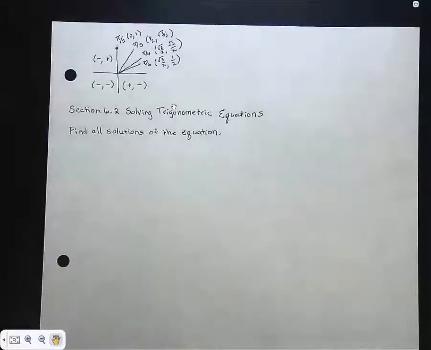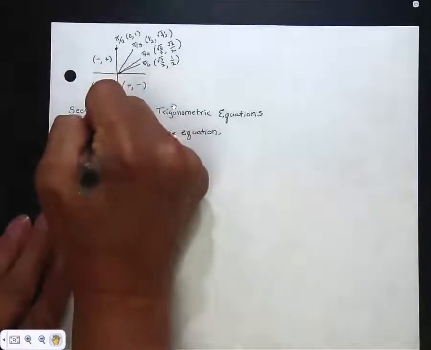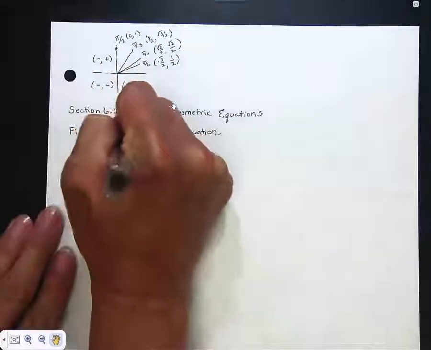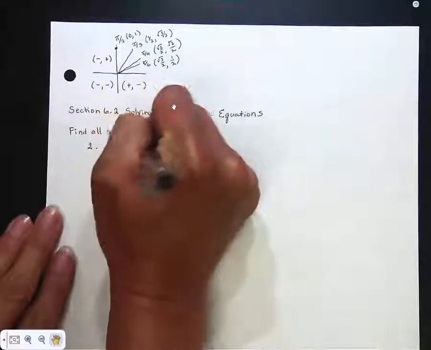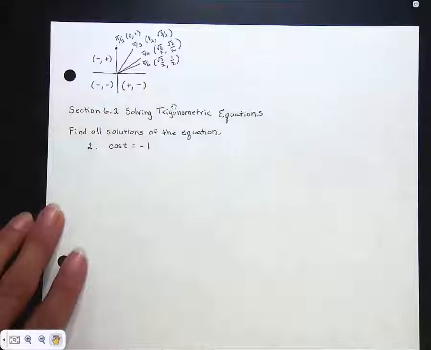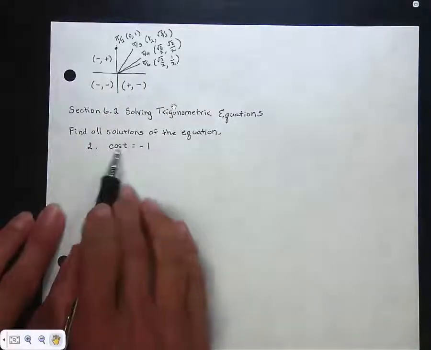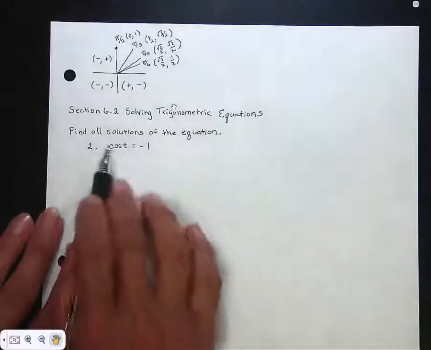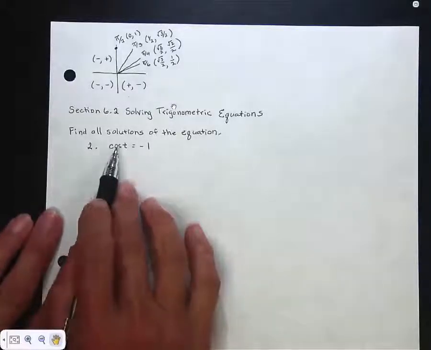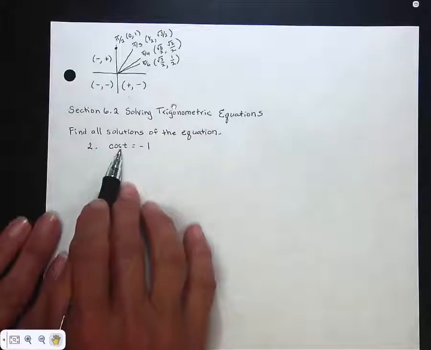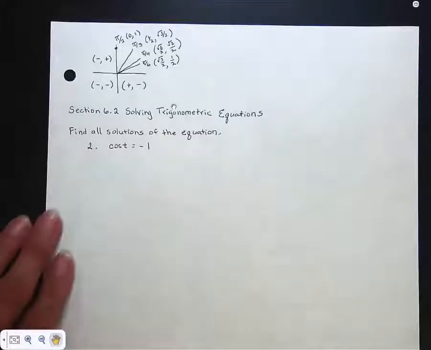For example, number 2 says cosine t is -1, and that means I'm looking for all the angles where cosine is -1. First thing I need to think is cosine is the x-coordinate of angle t, so where is x -1?